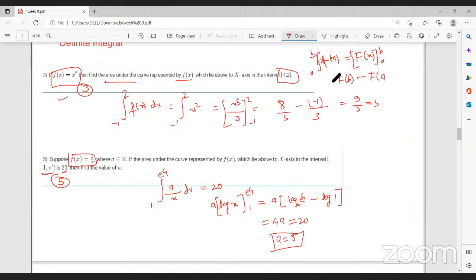I am doing the same here, putting 2 here, that is 2 cube, which gives 8 by 3. And minus 1 cube is minus 1 only, so that is 3. That is why I wrote minus plus 9 by 3.